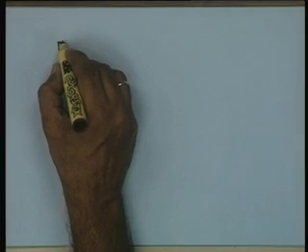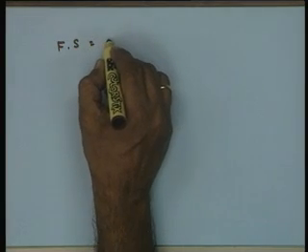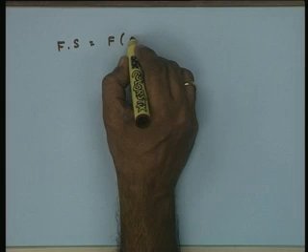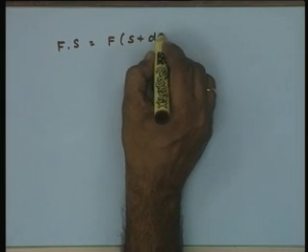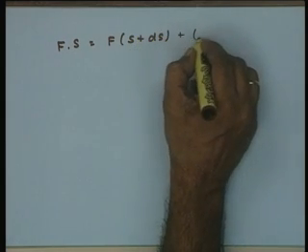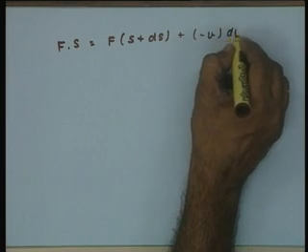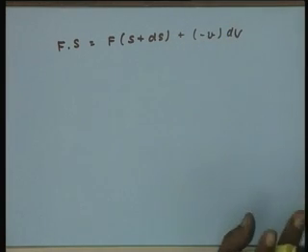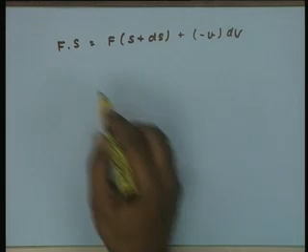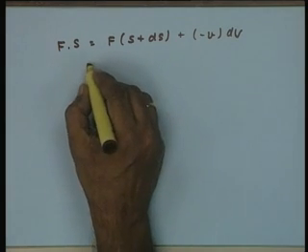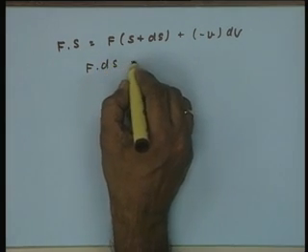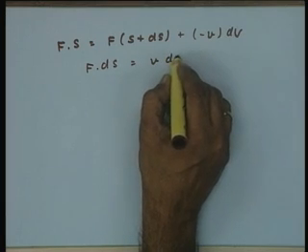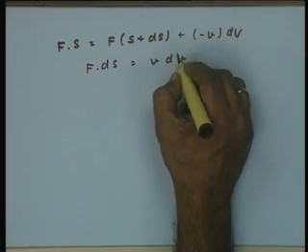Now, under these conditions one can write the material balance as input equal to output, S plus dS, plus disappearance by the reaction. Under steady state, assuming that the accumulation is 0, one can simplify it to get F dS equal to v into dV.